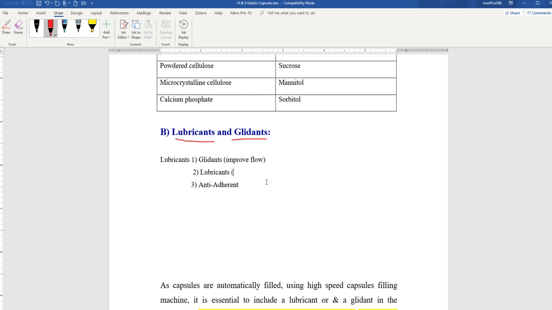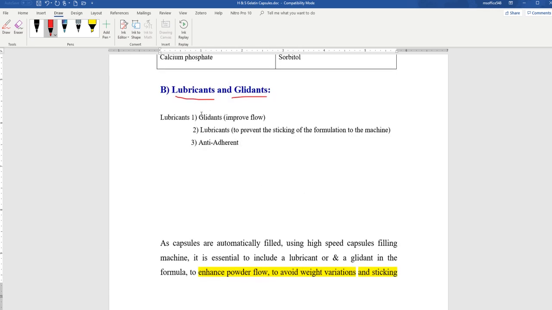Lubricants are to prevent the sticking of the formulation to the machine. Anti-adherent we will talk about later, in tablets. But these are important when we want to fill the formulation inside the capsules.